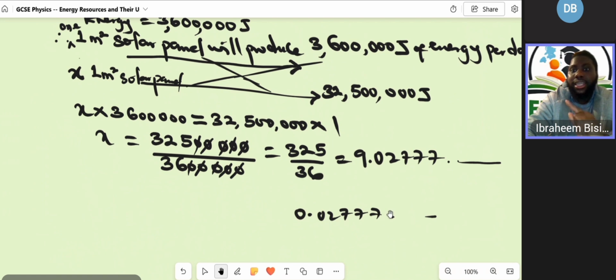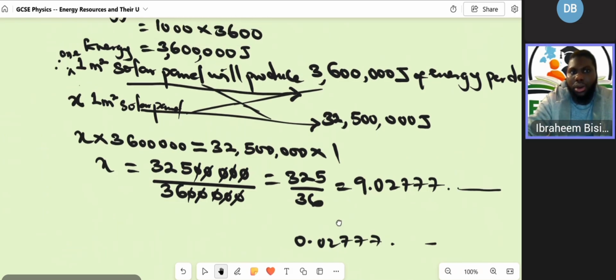So if we say that the minimum number of solar panels they need is 9, there will be a deficient supply of energy. The energy will not be able to meet that family's energy need. Let's calculate that. If 1 meter square solar panel is producing this amount of energy, then 0.0277 will produce this times this. So let's do that on the calculator.